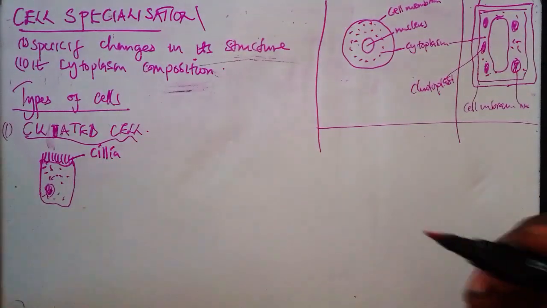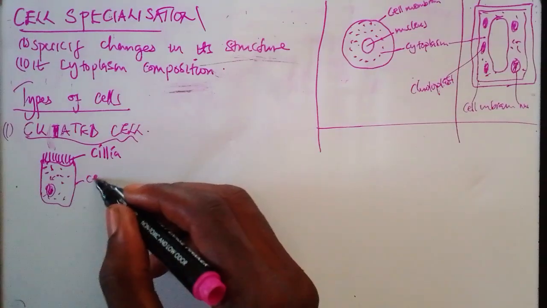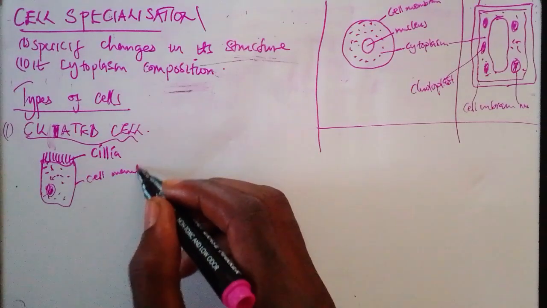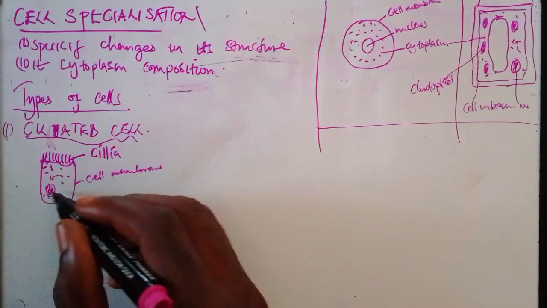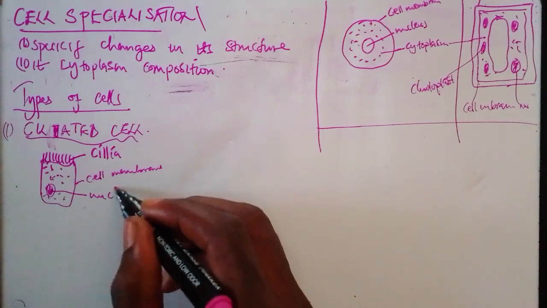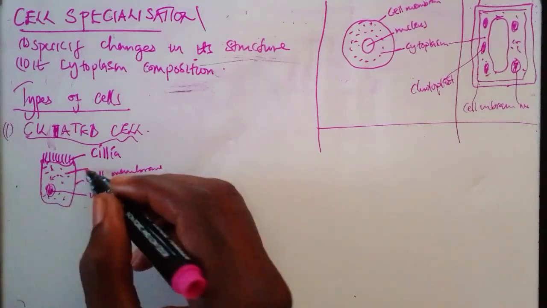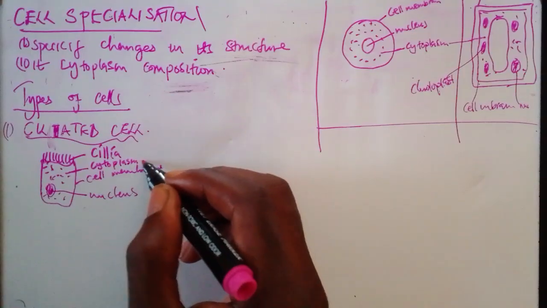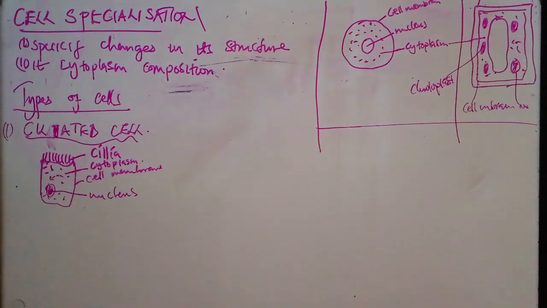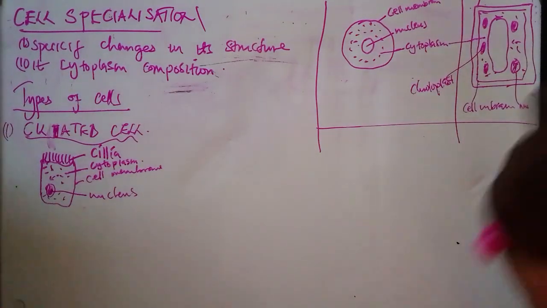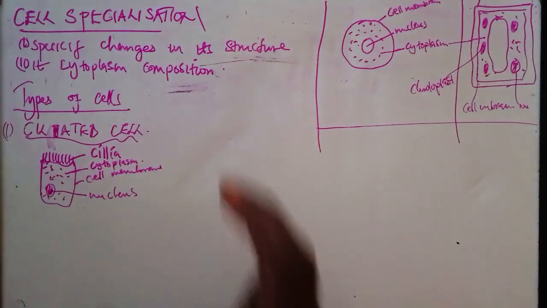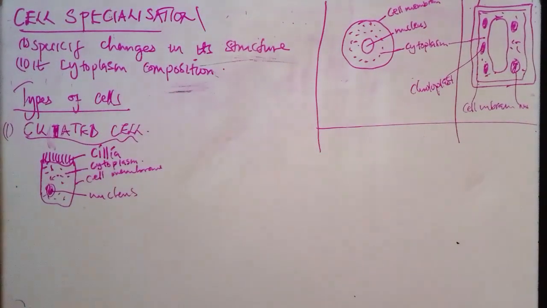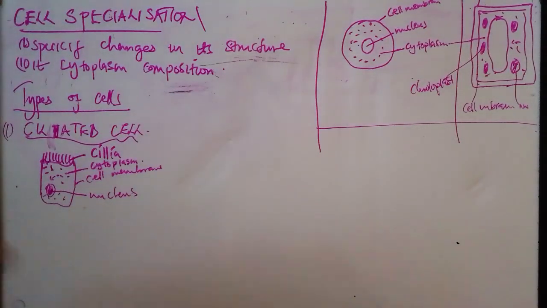The only change which is added to this cell is the cilia. Everything is the same. It has the cell membrane, the nucleus and the cytoplasm. The only adaptation added to this cell is the cilia.